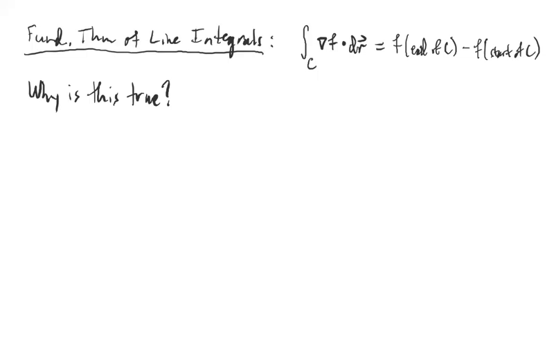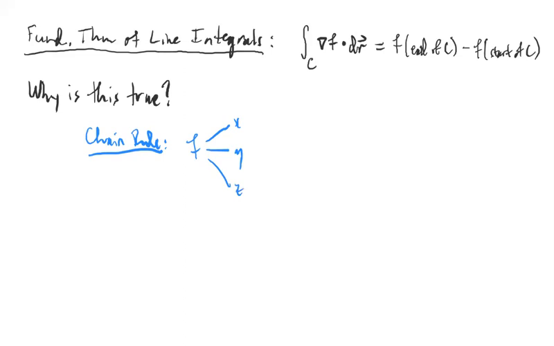All right, so remember when we were doing the chain rule? We had a function that depended on x, y, and z, and then x, y, and z in turn might depend on something.